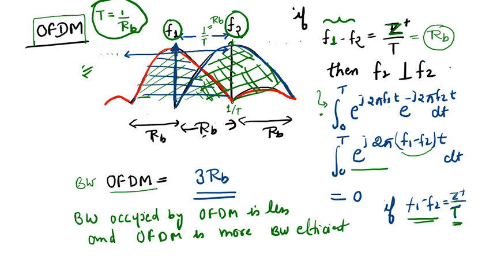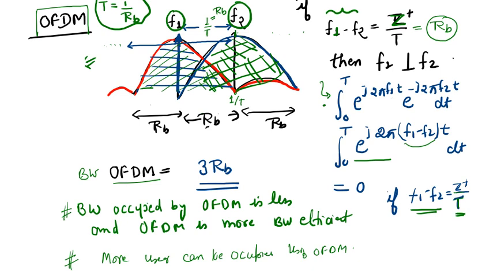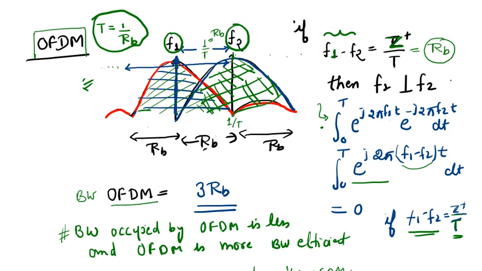So you can write that the bandwidth occupied by OFDM is less and therefore OFDM is more efficient, or you can say that more users can be accommodated using OFDM. So OFDM is a more bandwidth efficient scheme as compared to normal FDM.